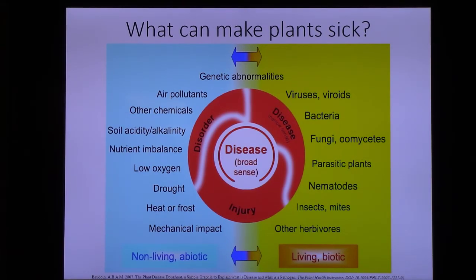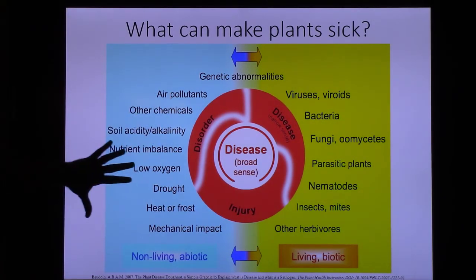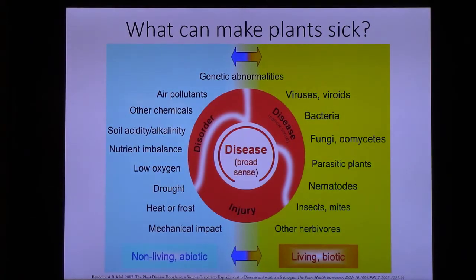Maybe we've got low oxygen content, which could be a result of air pollution, drought, too hot, too cold. We go out there with our weed eater and maybe cut up or mar the bark of the tree. That's a mechanical impact. These injuries can lead to disease as well, because you've got an open wound, a place for that fungi or bacteria to enter into that plant.